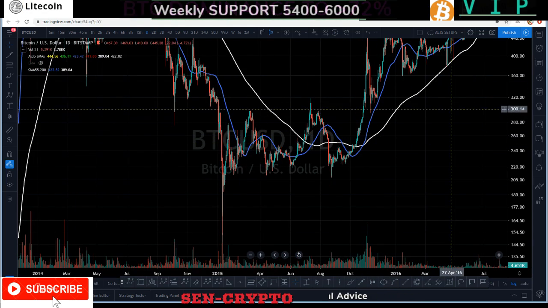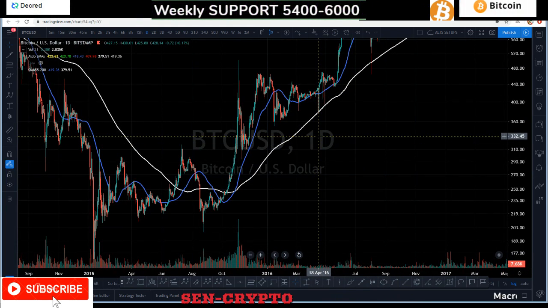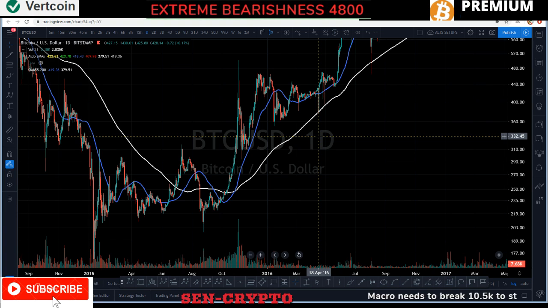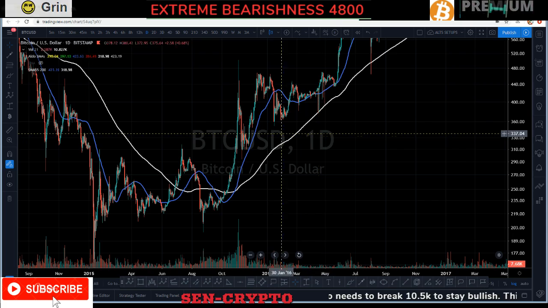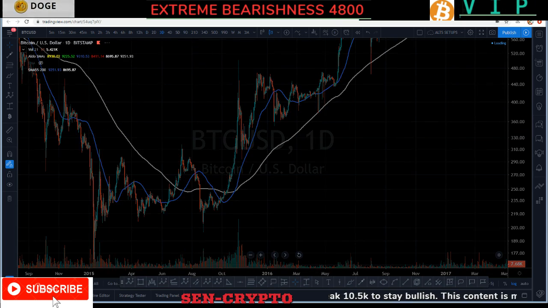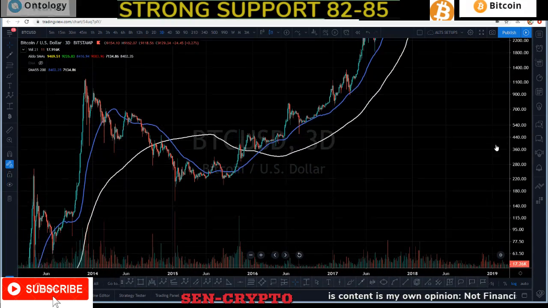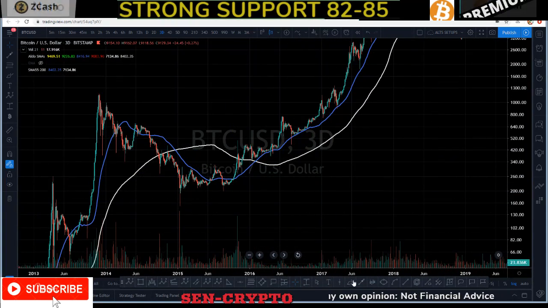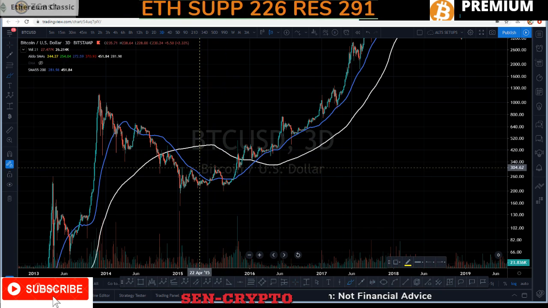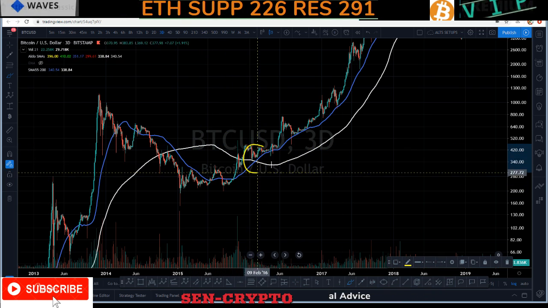But why you should not be paying attention to crypto on a daily basis? If you're looking for the long term, pay attention to your 3 day chart, right? If you paid attention to your 3 day chart back then, you wouldn't be too bullish, okay? After that golden cross, you would just wait for the 3 day golden cross.